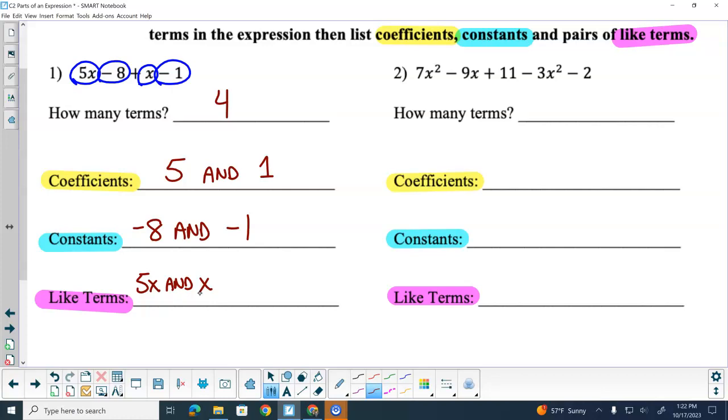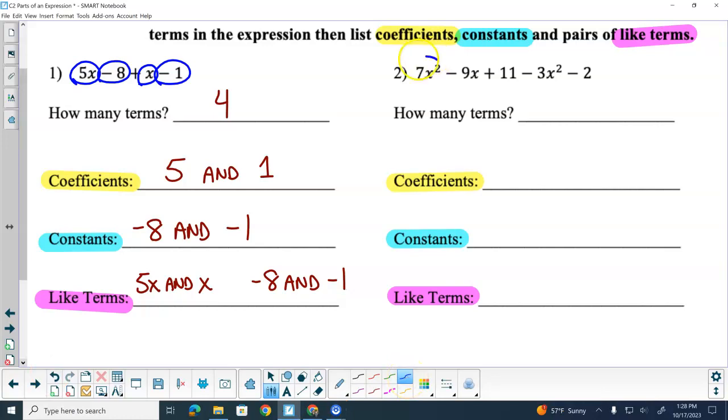Constants are always like terms with each other. Now, constants will always be like terms with each other. Okay? You now try number 2. Find me how many total terms, the coefficients, if there's any constants, and what are the like terms. Number 2.